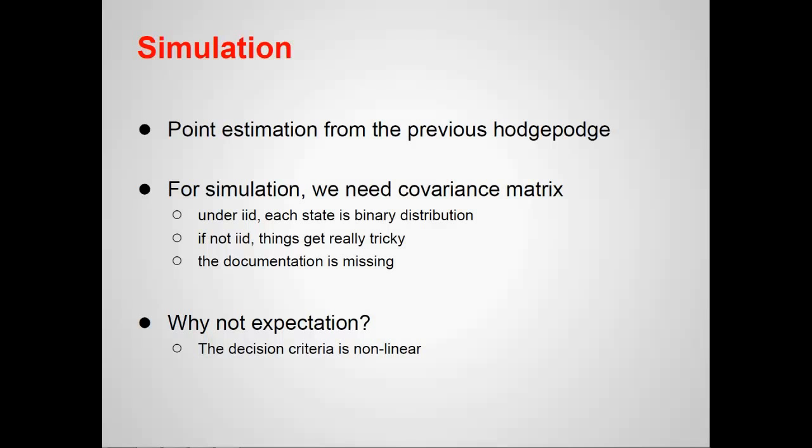So someone might ask, if you already know the probability of each candidate taking each state, why don't you just take the expectation? The problem here is that the assignment of the electoral college vote is not linear. If you win 55%, it's not like you're going to get 55% of the electoral college vote.